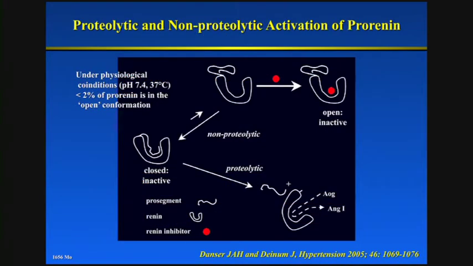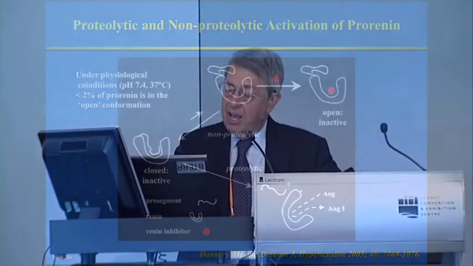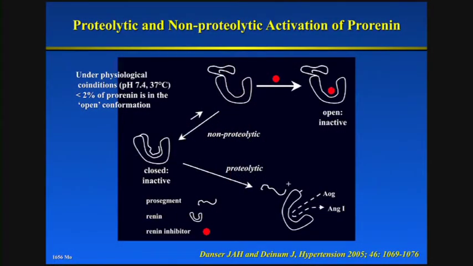The second topic, which will be covered by Jan Danser, is about Pro-renin, which is a precursor of renin. We don't know yet exactly what is the biological meaning of this precursor. There are hypotheses and suggestions about that, and Jan will cover that topic. What is important to understand is that this inactive precursor can become active for a number of reasons and under a number of conditions, and that may to some extent also affect the measurement of active renin, the one that I mentioned before.